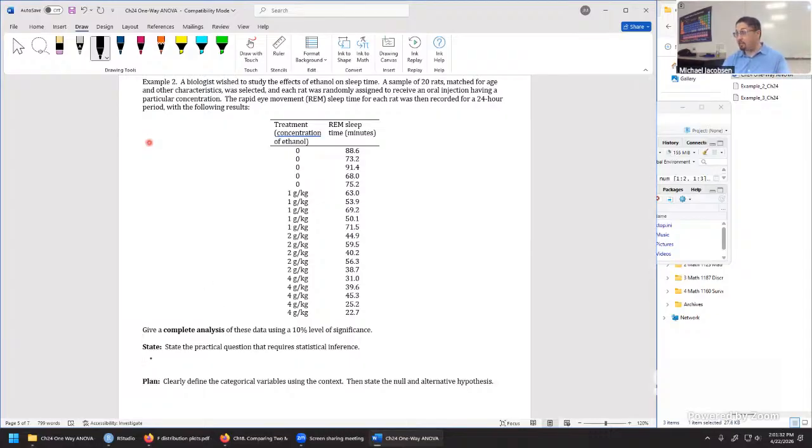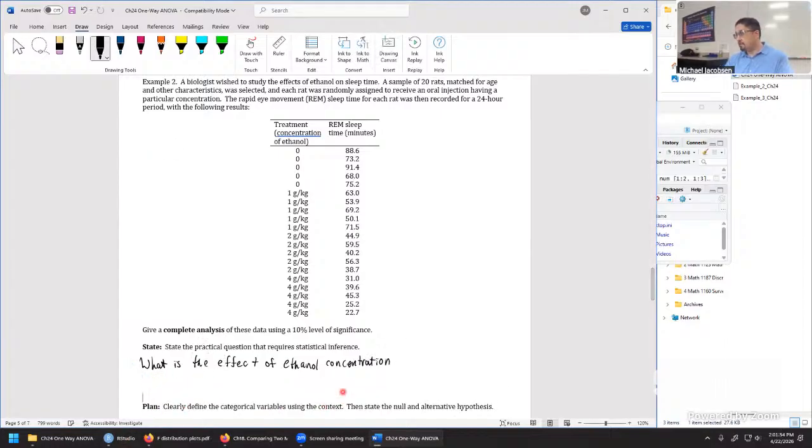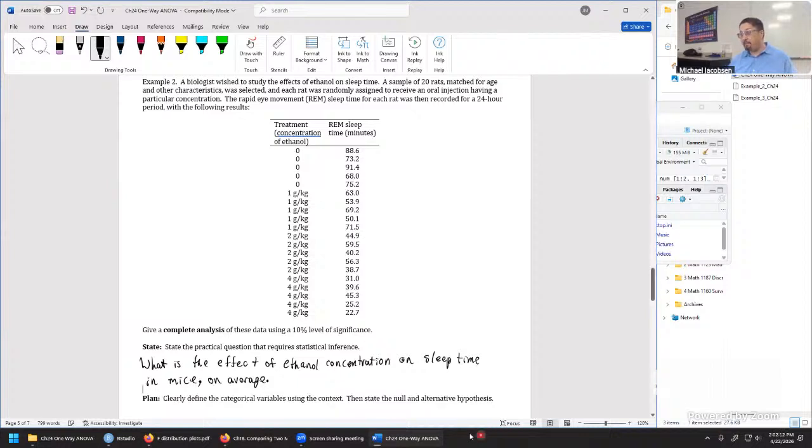You might say something along the lines, what is the effect of ethanol concentration on sleep time in mice? And a good word here is on average, because that's what our conclusion is going to be all about.